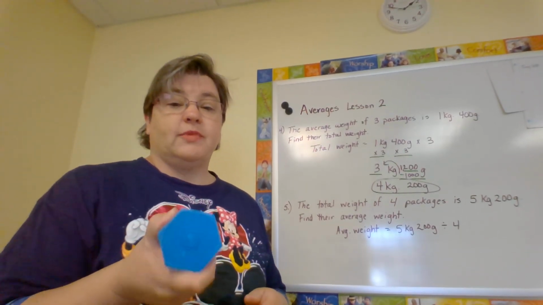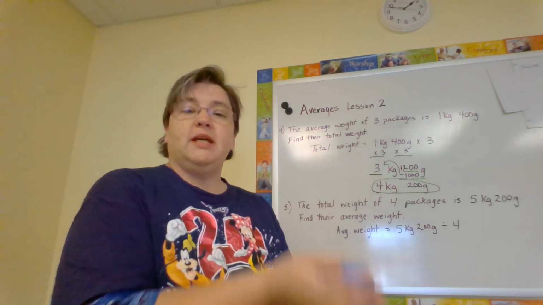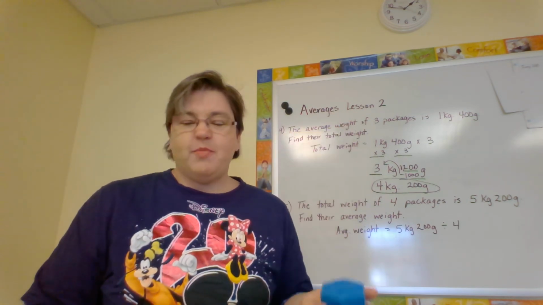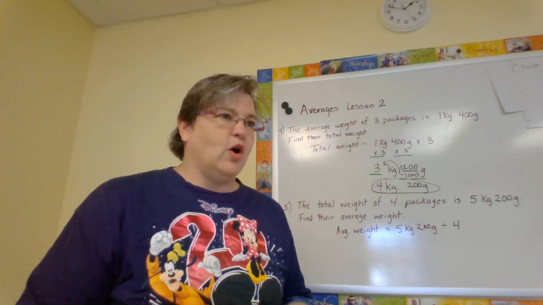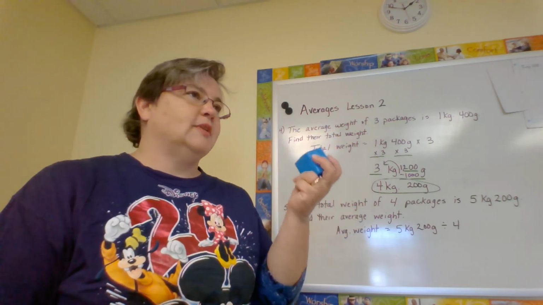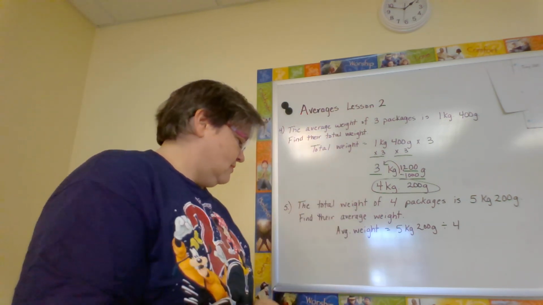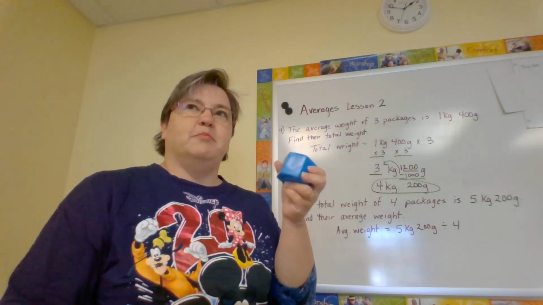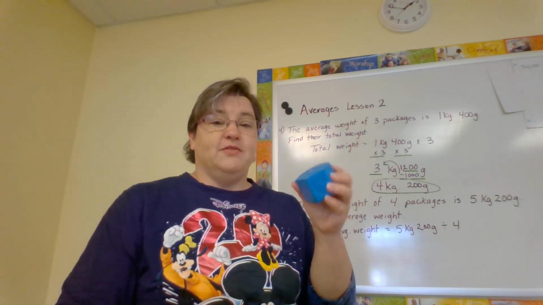Now, hold on. This is a kilogram, 1,000 grams. It is extremely heavy. It's much more than a pound. It is heavier than a baseball. It's, gosh, I want to say, maybe a big turkey that you're gonna cook. It's very heavy.